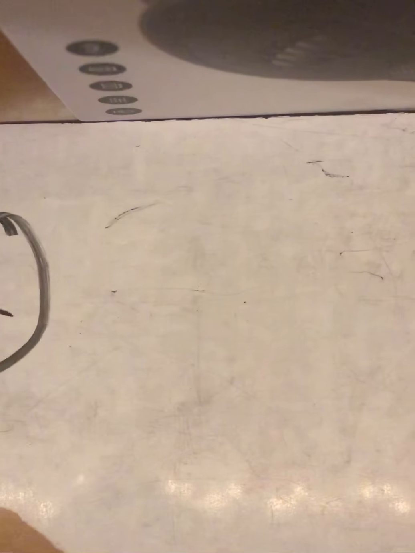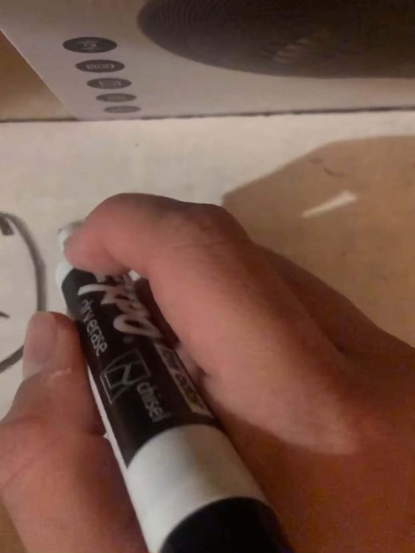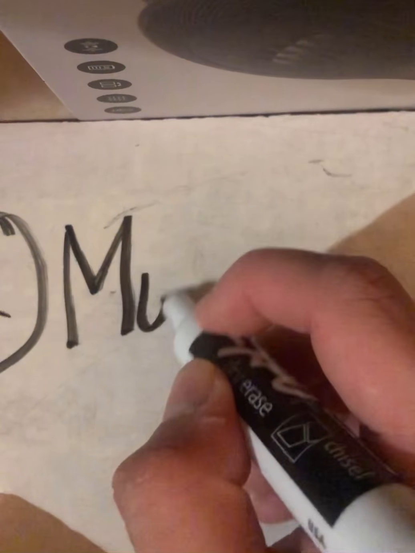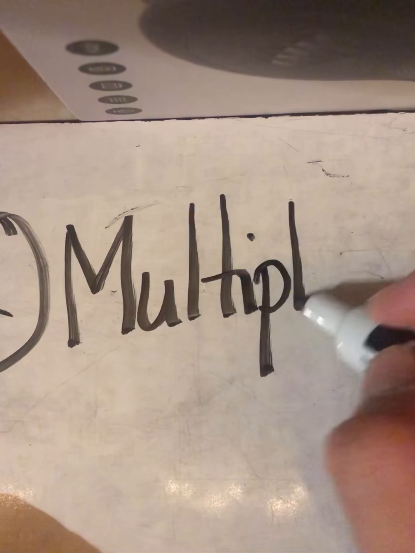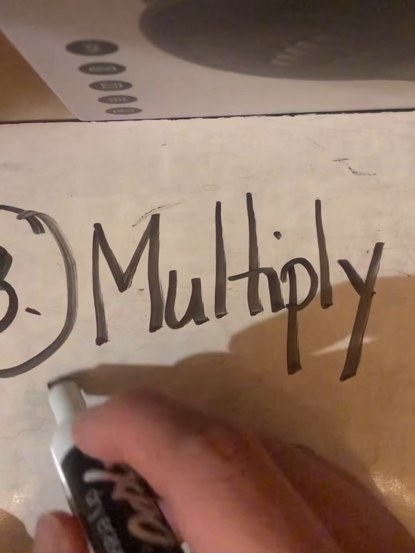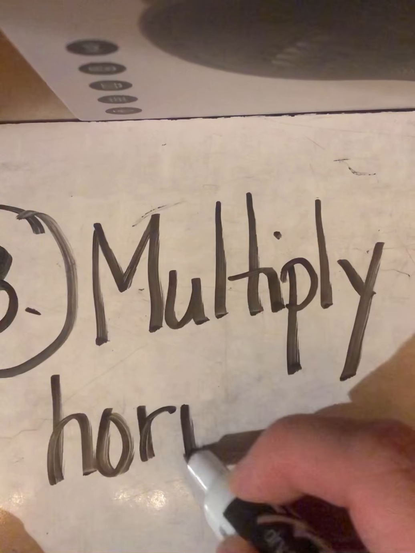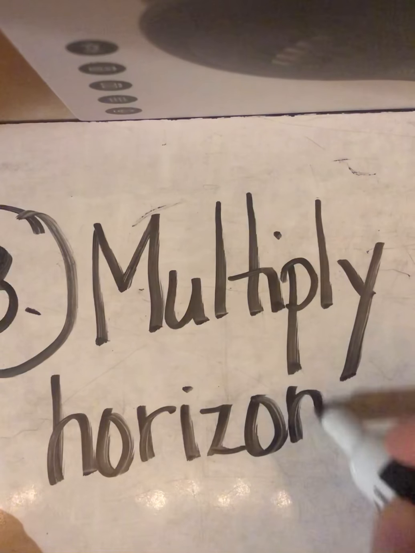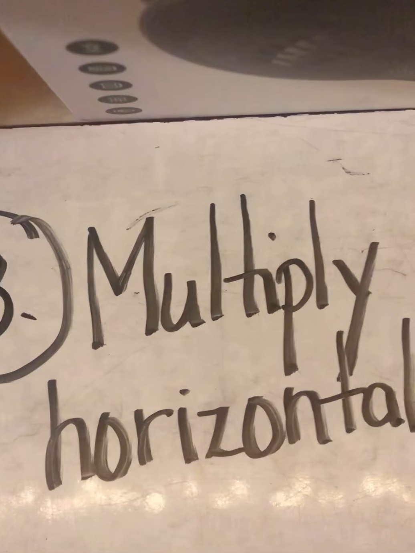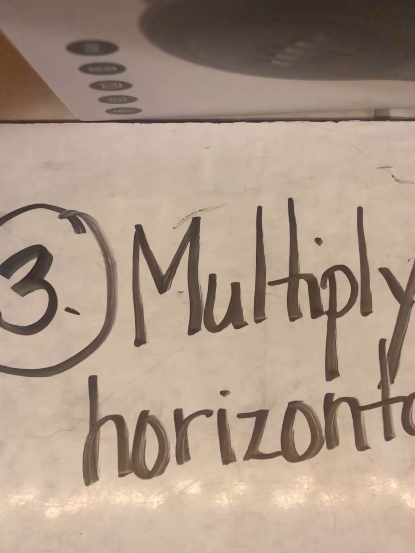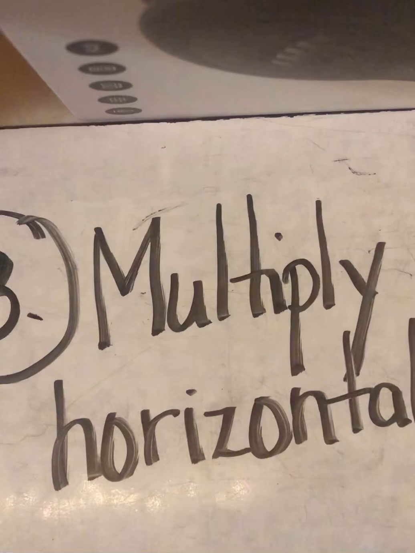And then step 3 is to multiply horizontally. You're multiplying horizontally. So step 3 is to multiply horizontally. There are 4 steps that we need to go through in order to multiply mixed numbers.